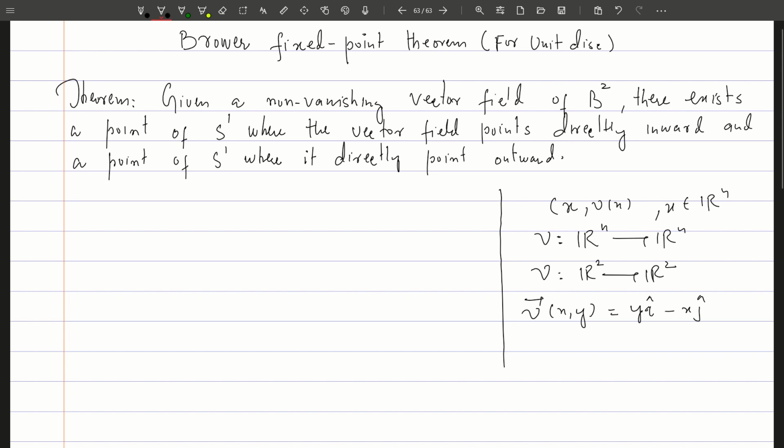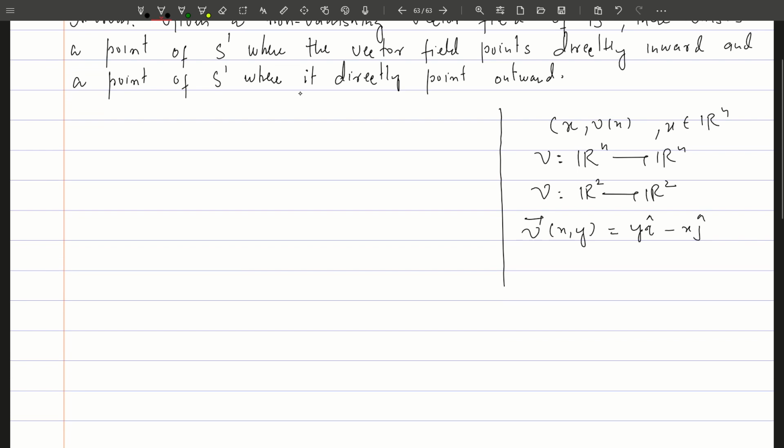So suppose this is our coordinate system and this is the point 0. If I look at v of 0, 0, we get the point 0, 0. Let us call this point x and this point vx, so this is the point x, vx.